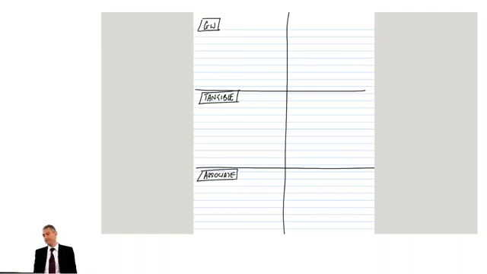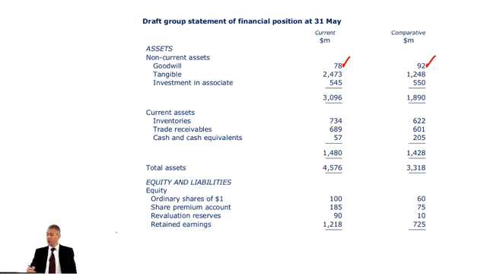Great. And then off we go. We just start ticking through the numbers, starting with goodwill. As I was saying just a moment ago, the first number I'm going to tick, I might as well tick it again for fun. We're going to tick the 92 and then tick the 78 and just copy the information in. So let's do it.